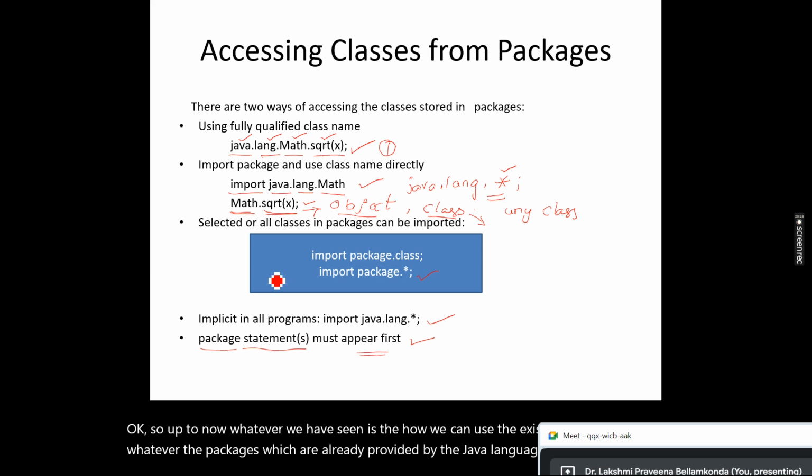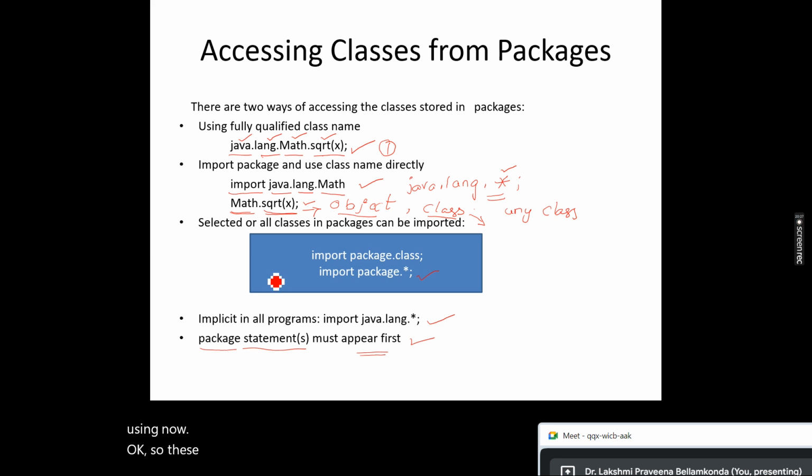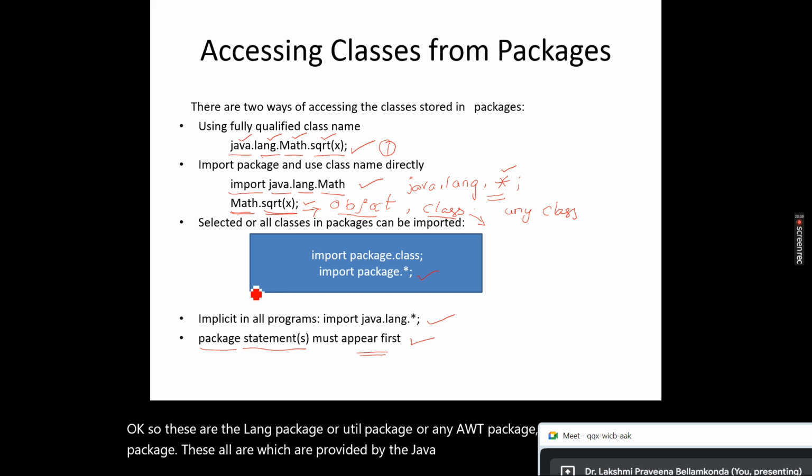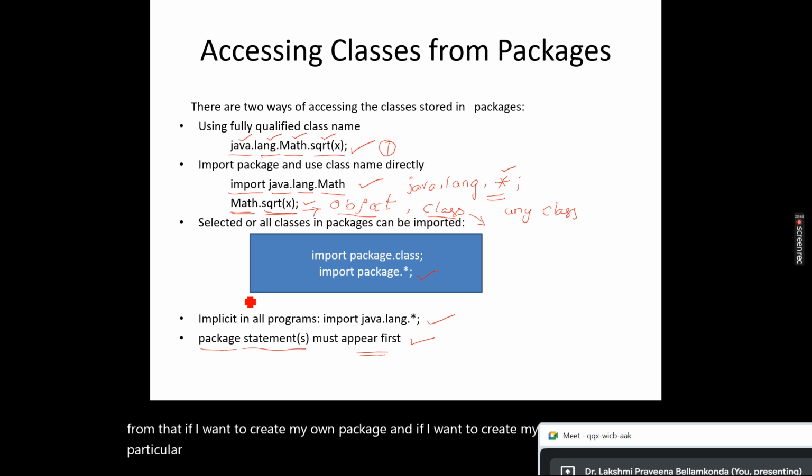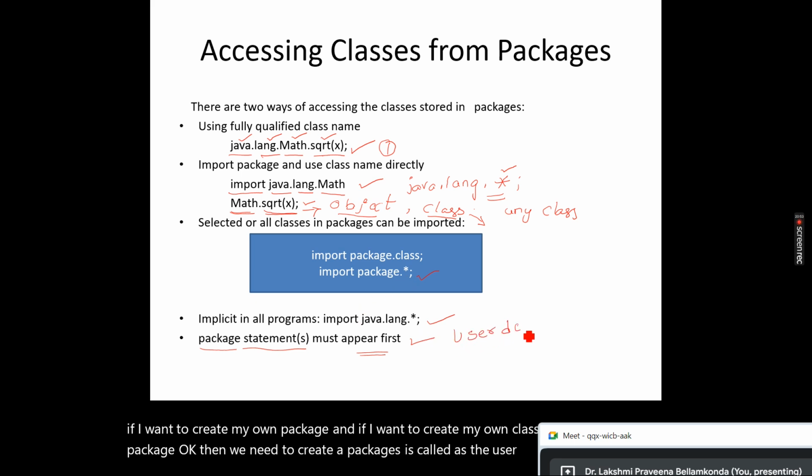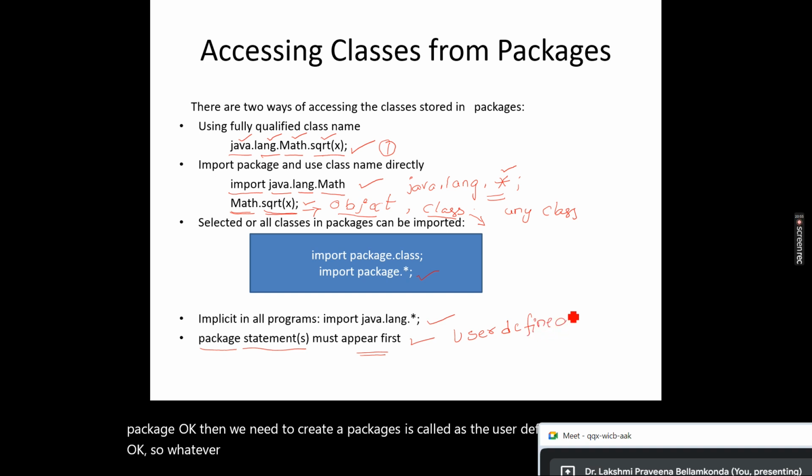Those are the lang package, util package, AWT package, IO package, net package, which are all provided by the Java language and Java software. So these all are built-in packages.